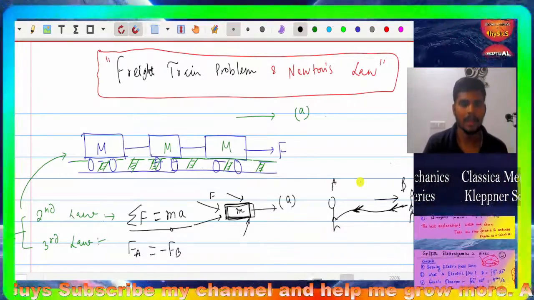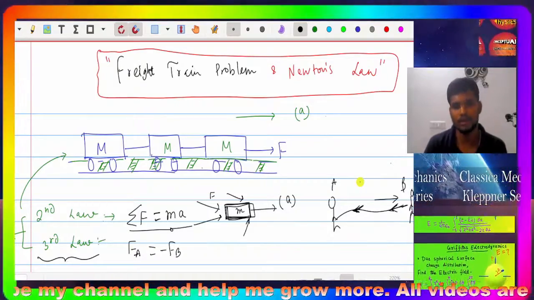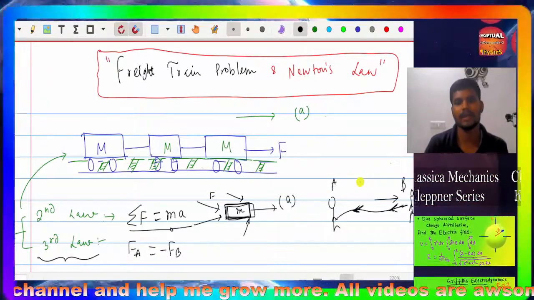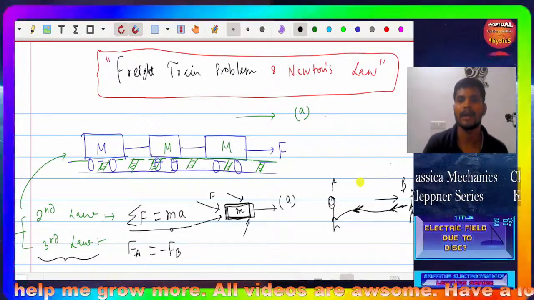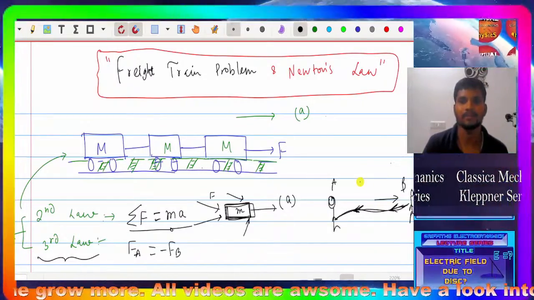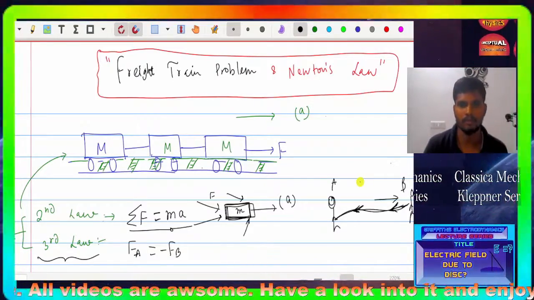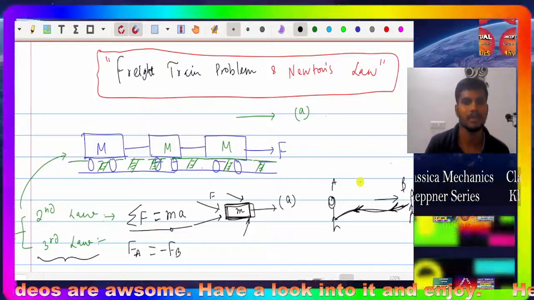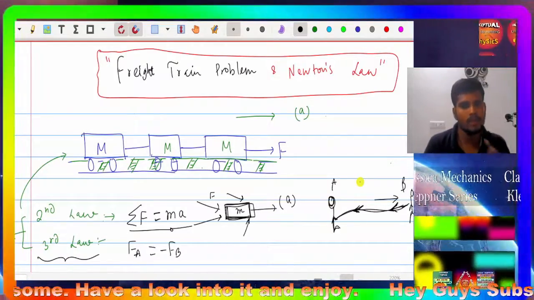Okay, now what is the third law? The third law states that whatever action you do, it has an equal and opposite reaction. What does it mean? Suppose here are two guys, guy A and guy B, and they are playing a push and pull game with the help of a string. So Alice is trying to pull on her side.